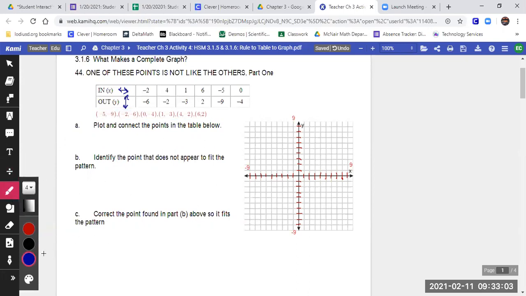I recommend a 4. Okay, -5, -9. So 1, 2, 3, 4, 5, all the way down to the -9 spot.